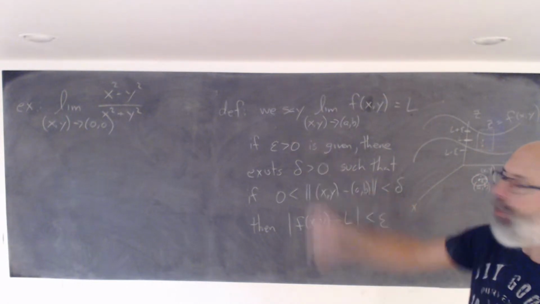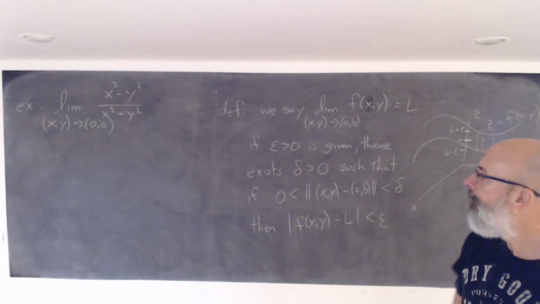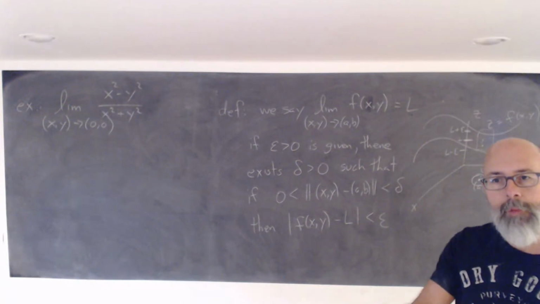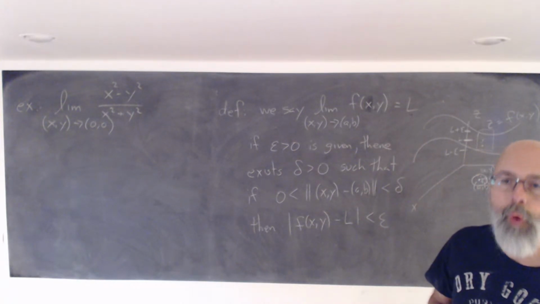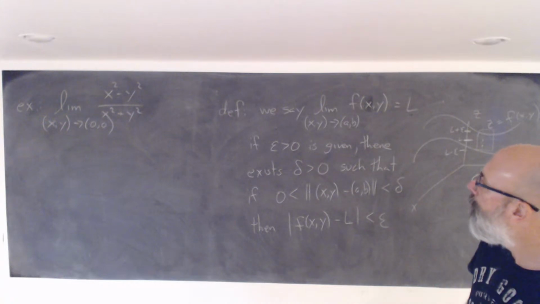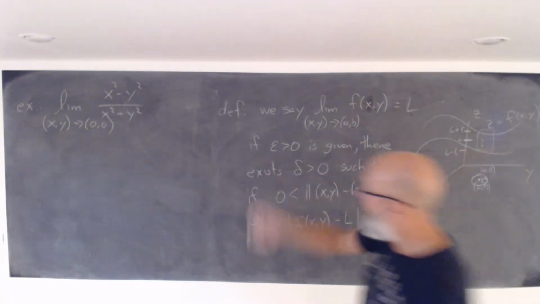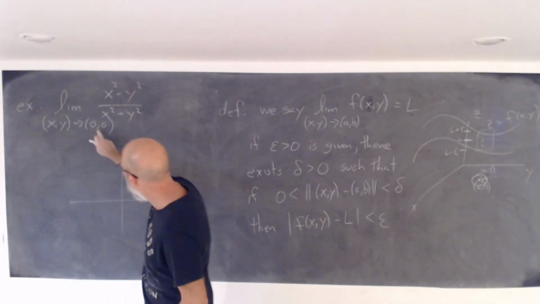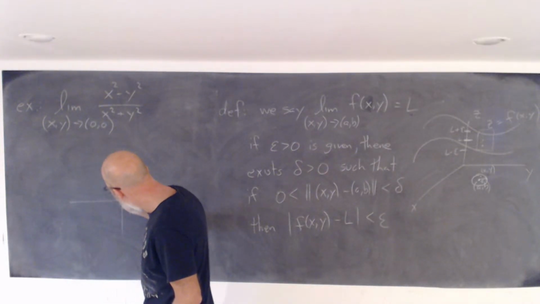All right, let's consider this limit. Does this limit exist? And if so, what is it? Well, again, from a graph, what are we saying? Here we're going towards the origin.